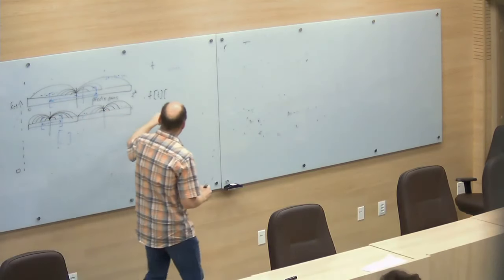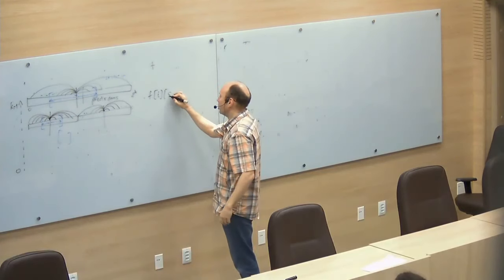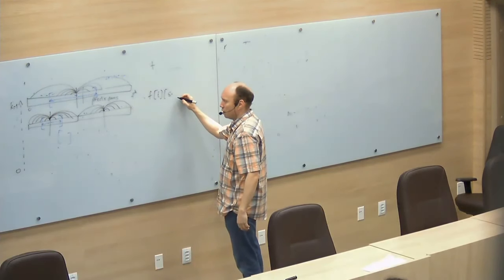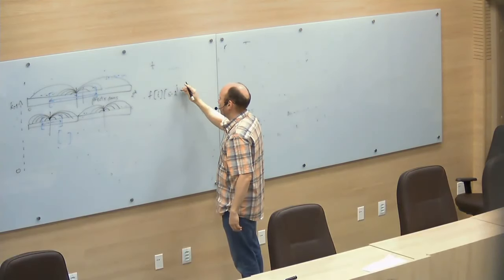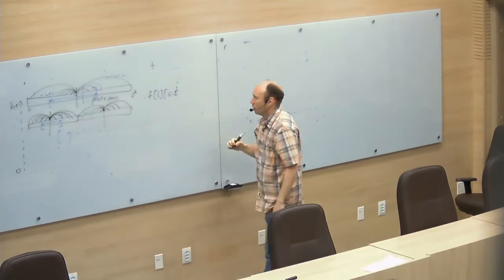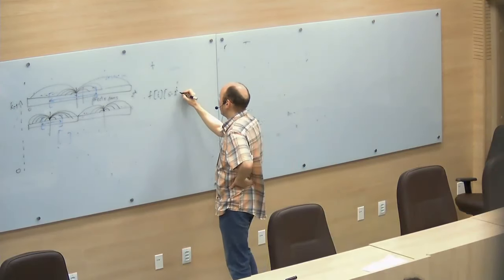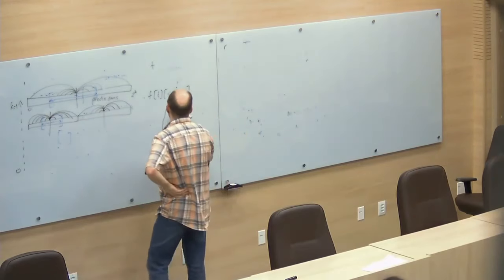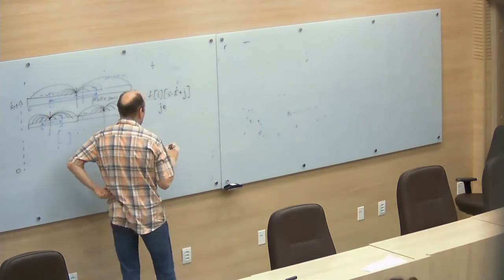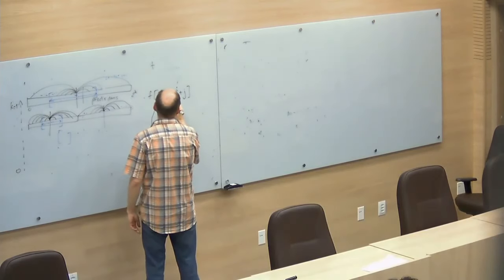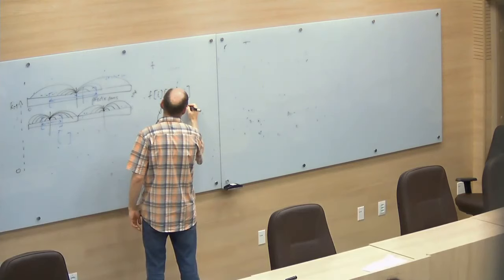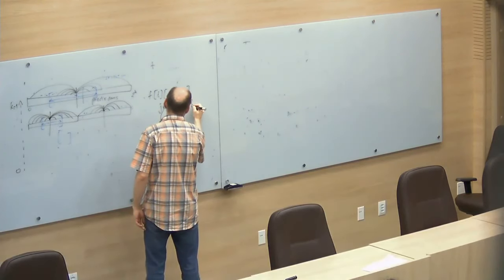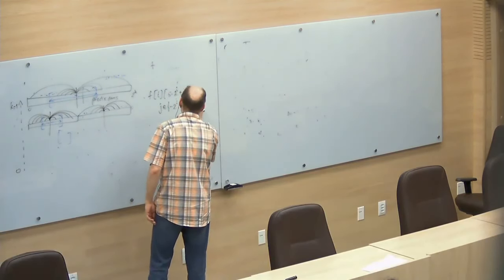So if we take s times 2 to the power of i plus j, where j is from something like minus 2 to the power of i, to 2 to the power of i minus 1, or not minus 1.